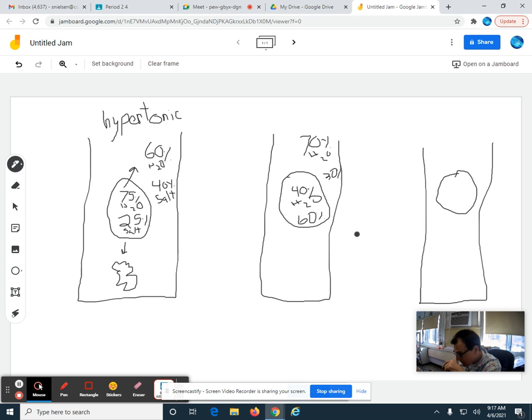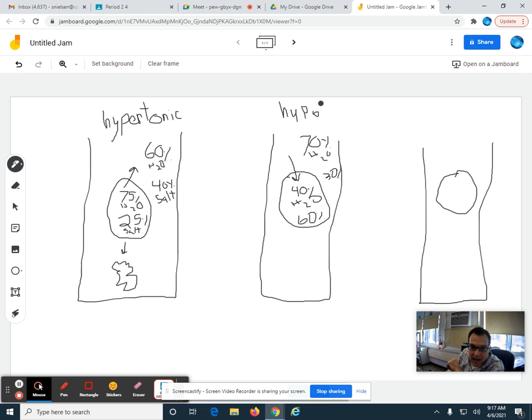Okay, fingers up. One finger if you think the water will move into the cell. Two fingers if you think it will move out of the cell. The movement of water: it will move into the cell. This is a hypotonic solution because the solute concentration is less than what is inside the cell.